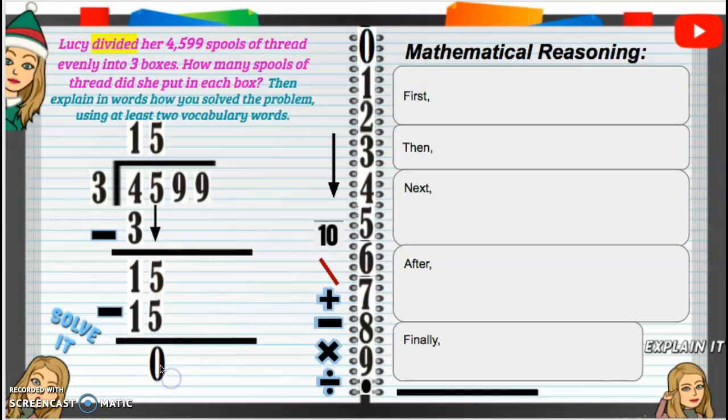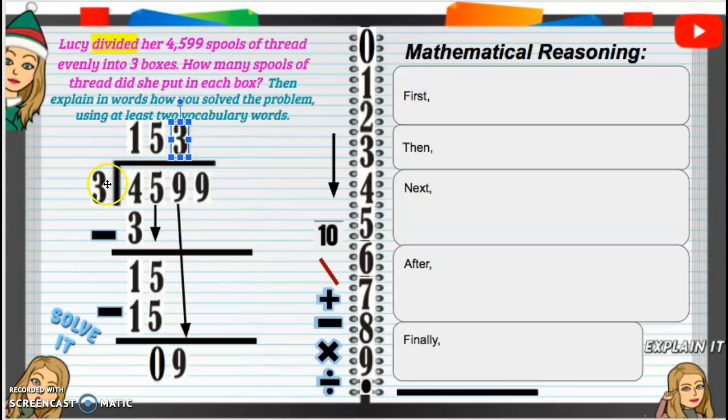Am I done? Because I got a 0? No, we still need to bring things down. So we're going to bring down this 9, because we didn't use it yet. Okay, so bring down that 9. Now, how many times can 3 go into 9? It can go in 3 times.